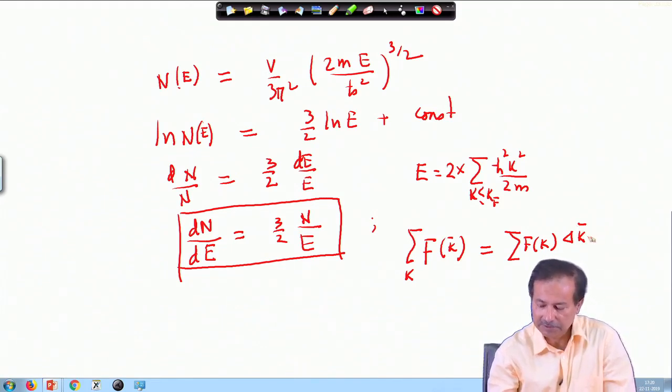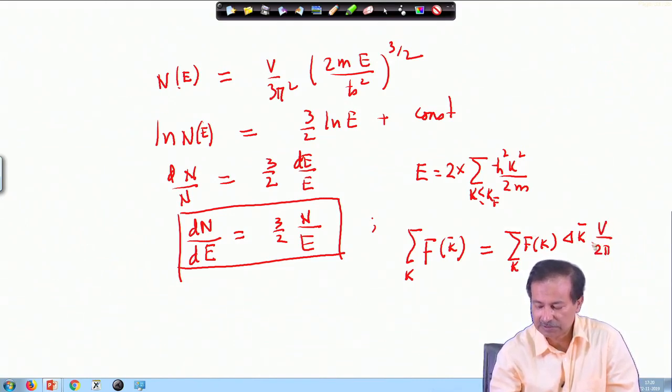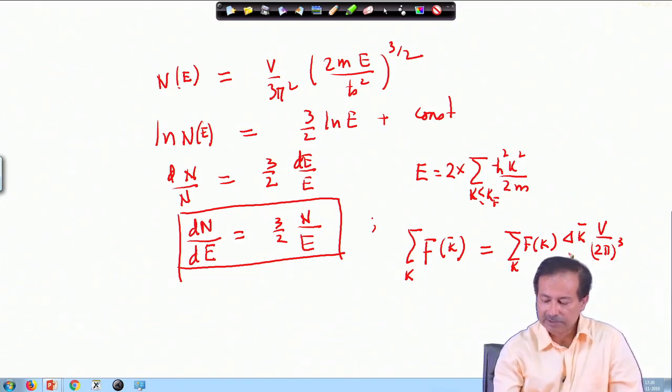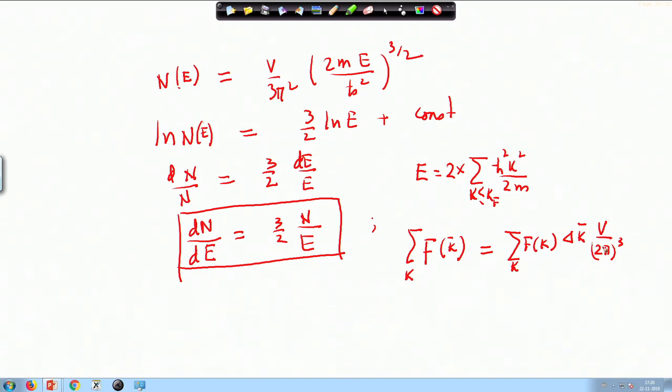This is an identity, because the number of states inside the volume delta k is delta k divided by (2 pi by L) cubed, which is V by (2 pi) cubed. Now take the limit V going to very large, which means delta k is very small, delta k going to 0.